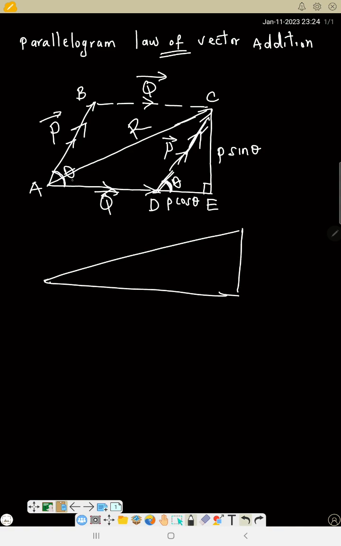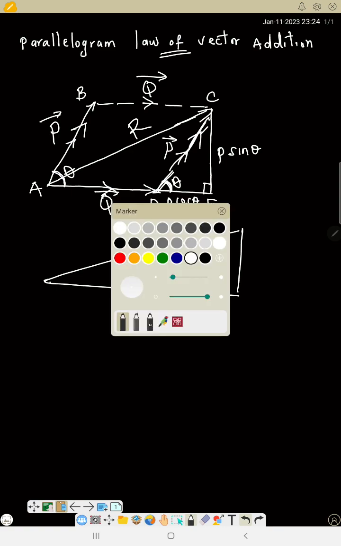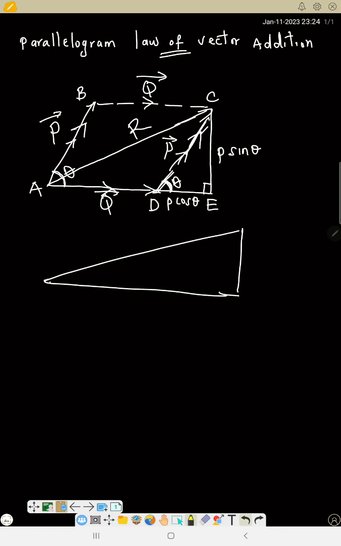As in, which is this? Let me trace it. So can you observe a right angle triangle here, like this and like this? So now if you look at the right angle triangle very well, there is a line that divided this way, where here is q and here is p cos theta.